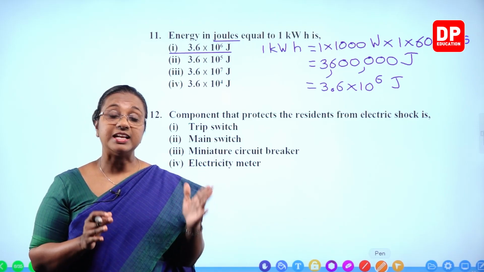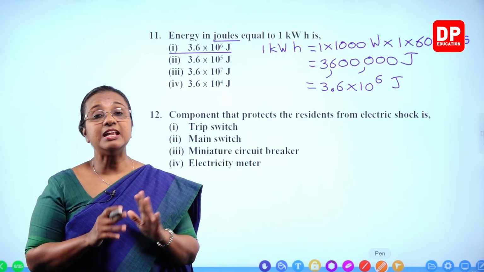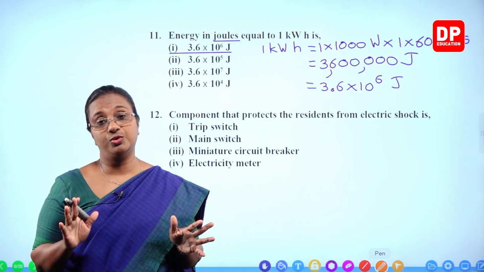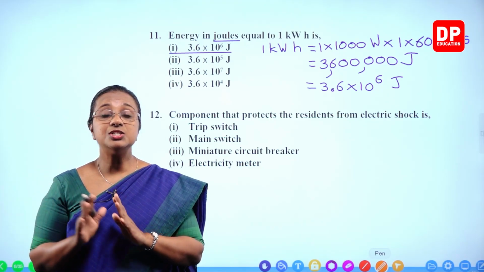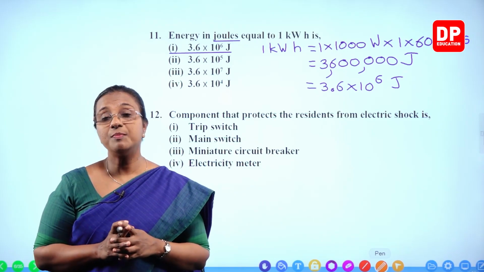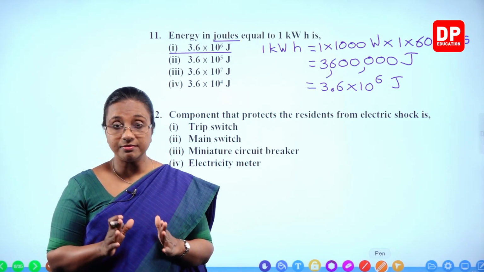So because of that, immediately the trip switch, the lever will move down and it will cut off the electricity supply to the whole household, so that the resident is safe from electric shock. So it is the RCCB or the trip switch.